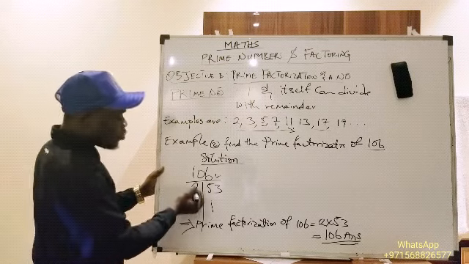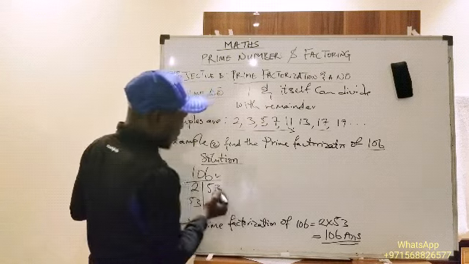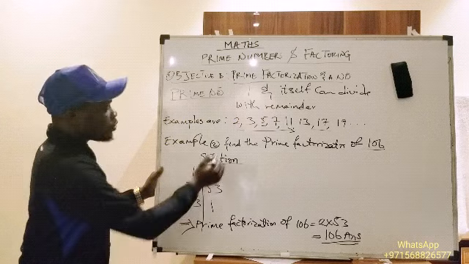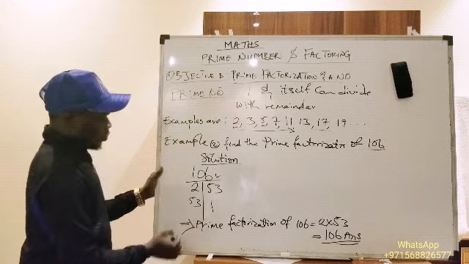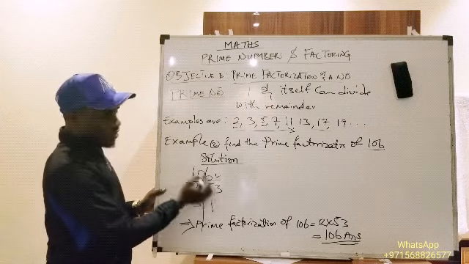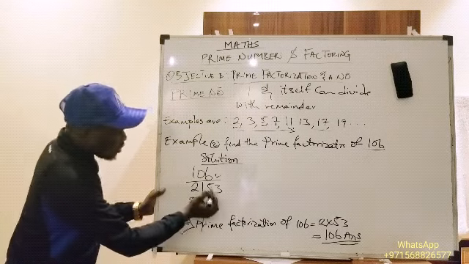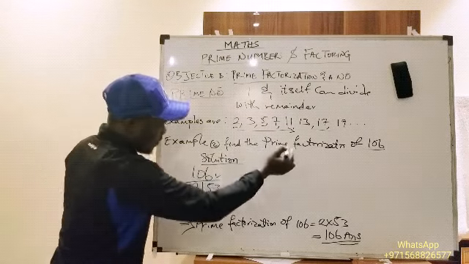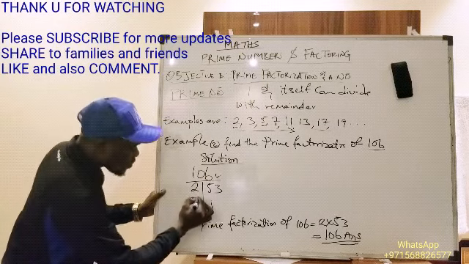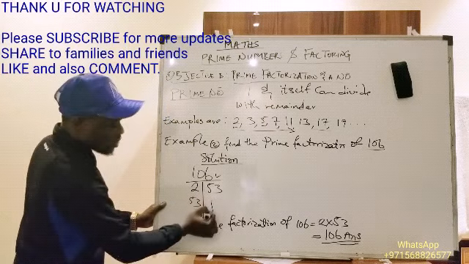And at the same time, when you multiply those divisors, you can get 106. So we start with the least one, that is 2. When 2 divides 106, we get 53. But there is no other prime number known that can divide 53 without remainder. Therefore, 53 itself, being a prime number, can divide 53 to give us 1.